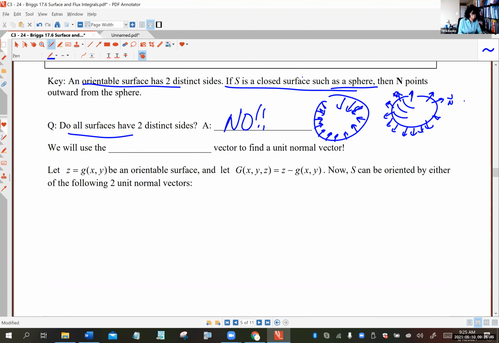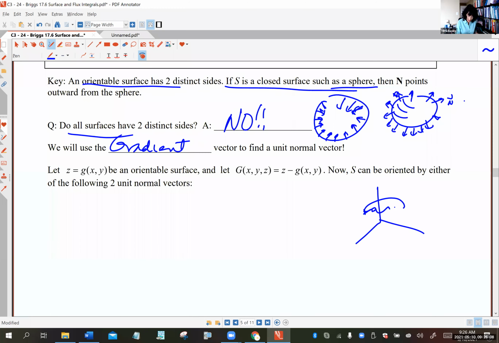Funny, huh? So we're going to use the gradient vector to find a unit normal vector to a surface. You've done this before when you were finding equations of tangent planes, where the tangent plane was tangent to a surface. So it's been done. So let's just start off again.